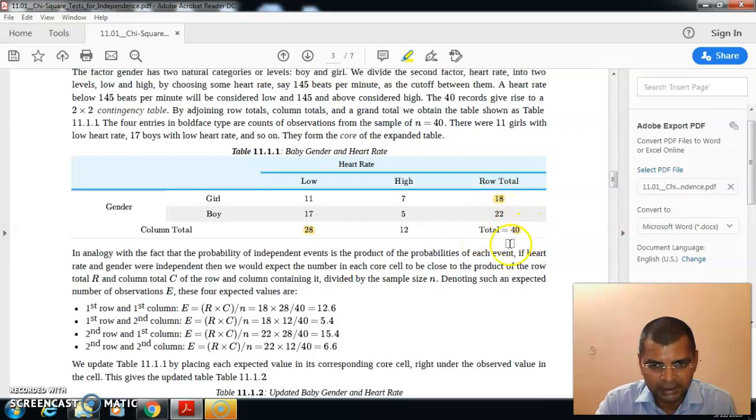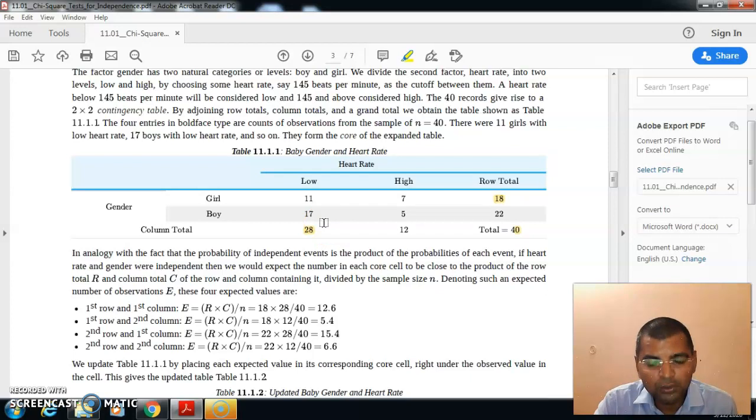Means they collected the data from 40 mothers and they observed the gender of their baby and the heart rate of the baby. Now the gender of the baby is girl, then heart rate is low, then there are 11 girls in this, 11 babies in this. Then the heart rate is high, there is 7 babies in this. Right? Now this table is called, these values called observed values.